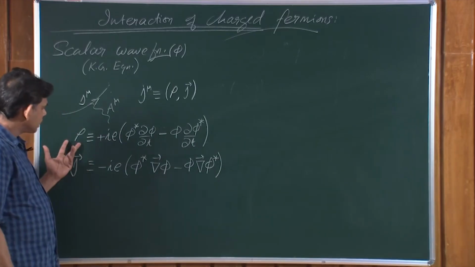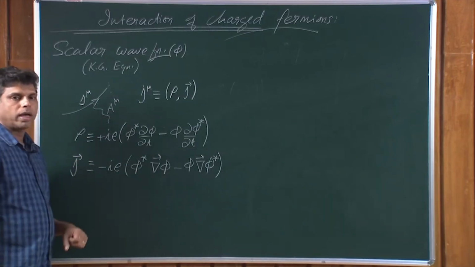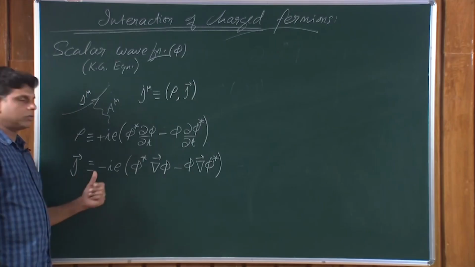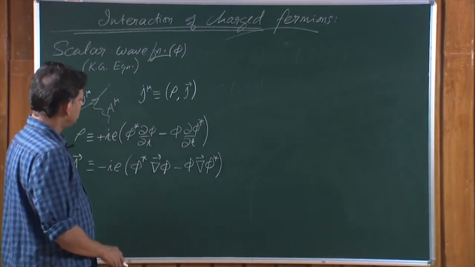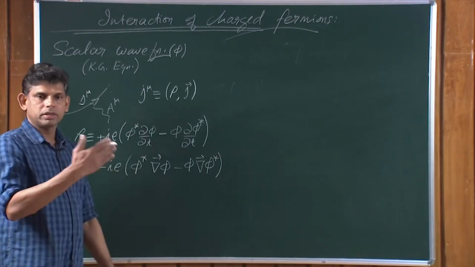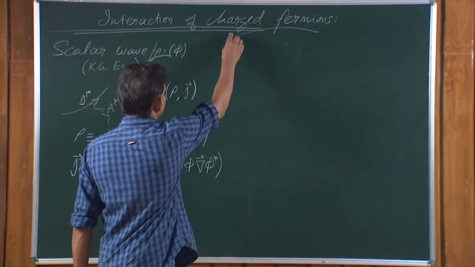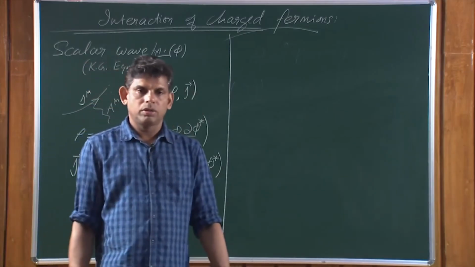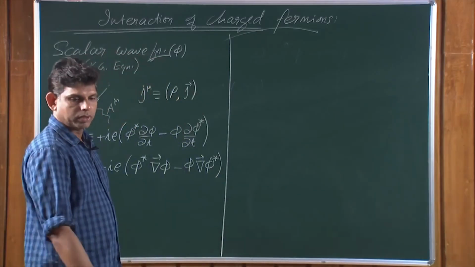We usually represent charge density by rho and we represent the current density by J. Okay. So, that is what we have here. So, this part we had discussed earlier. So, in case you have forgotten, maybe you can check the previous lectures.